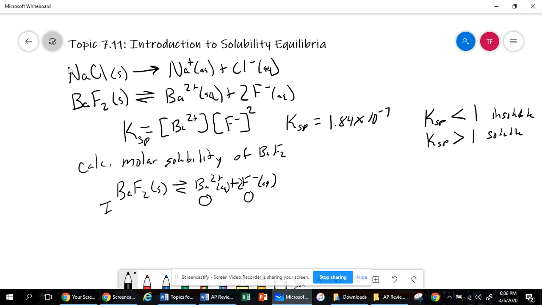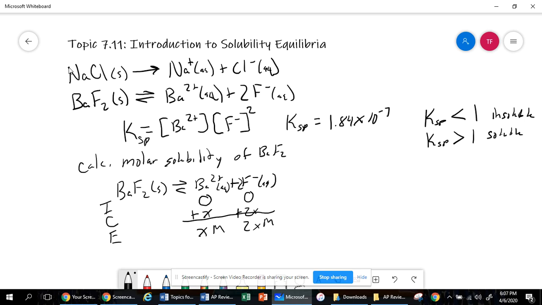However, as the barium fluoride starts dissolving, you're going to have a change where barium gains X amount of concentration, and fluoride gains 2X, because for every barium that forms, 2 fluorides form. Then at equilibrium, you will have X molar barium and 2X molar fluoride.